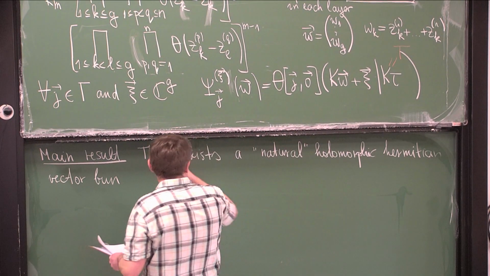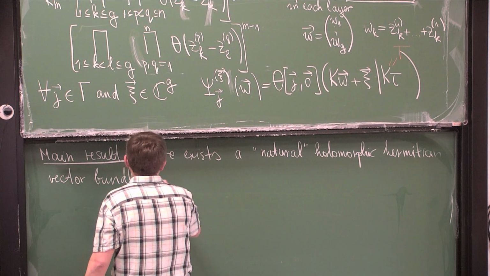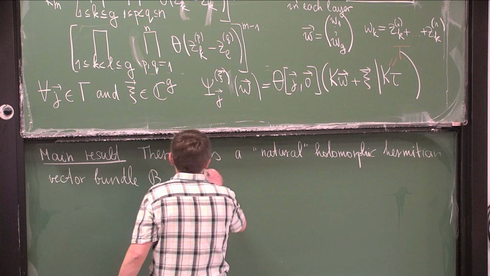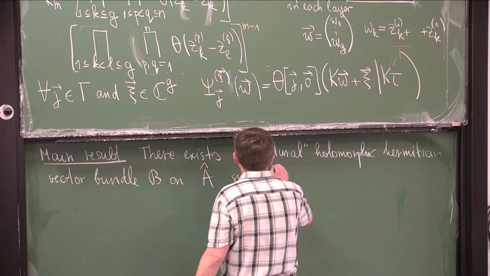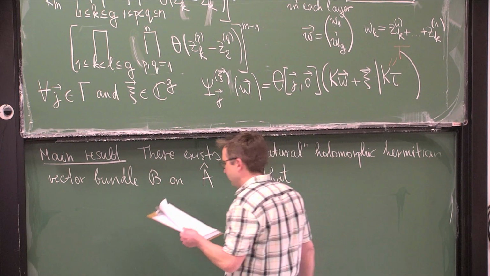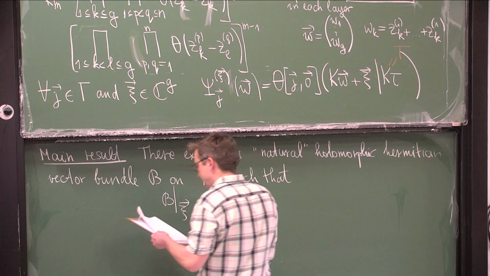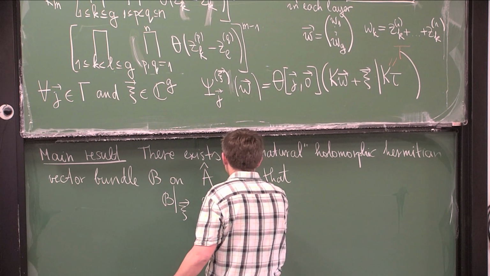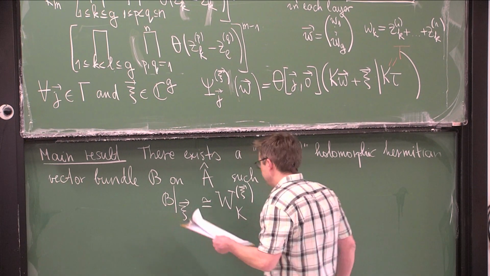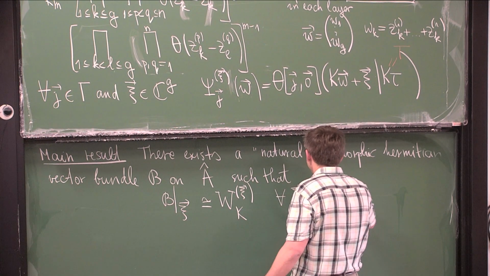So there exists a natural holomorphic Hermitian vector bundle B on my torus, such that its fiber at xi is the vector space.